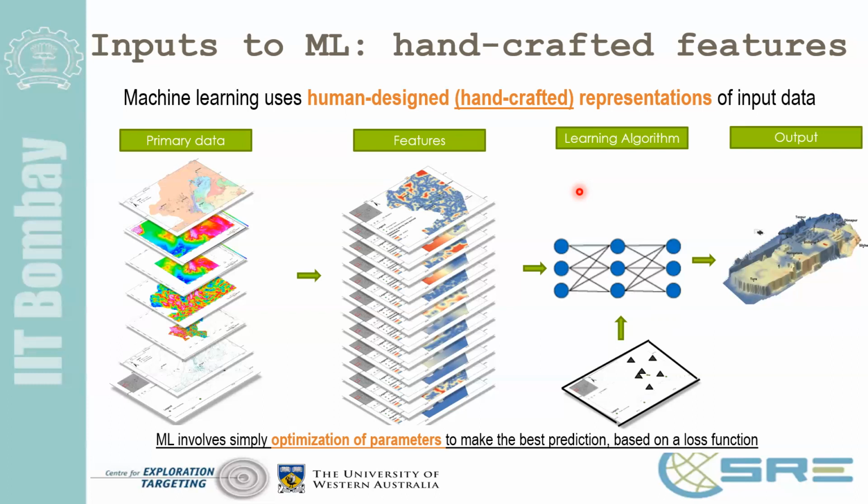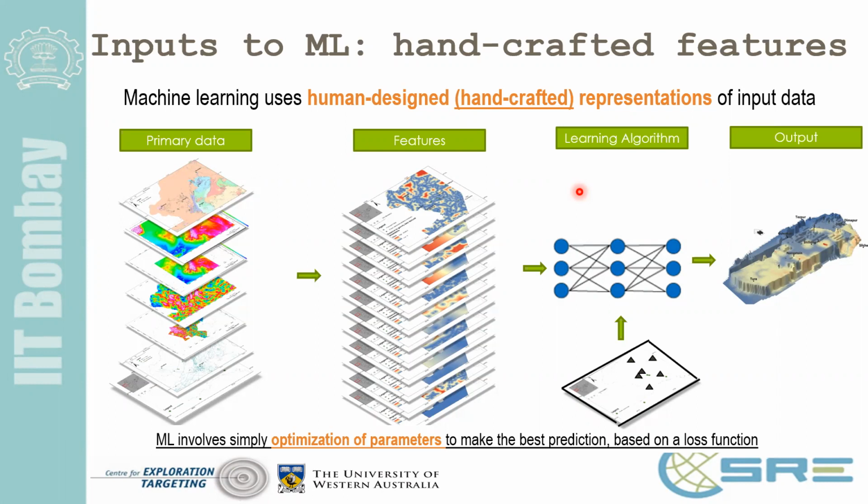But this manual step gives us the features, which are in fact the proxies of the mineralization processes as we understand our mineralization processes. And then we input these features into our machine learning algorithm. And we use some kind of training data, which are the features that are associated with the known deposits, to generate an output.